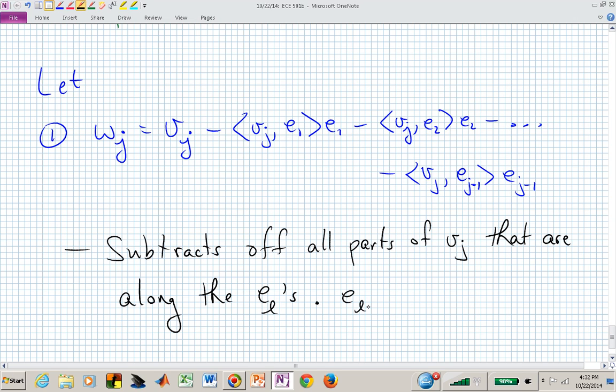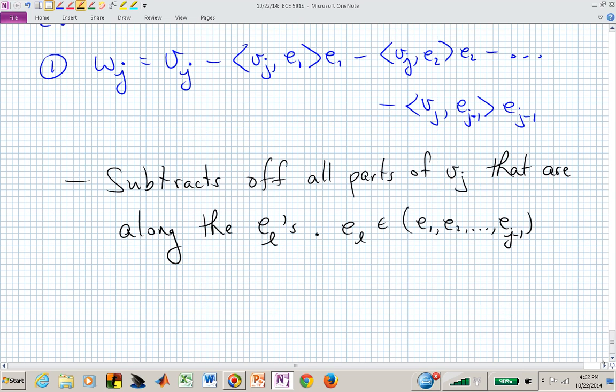And these e sub l's are coming from our list, not all of them, up to the j minus first piece. Again, this is step j.